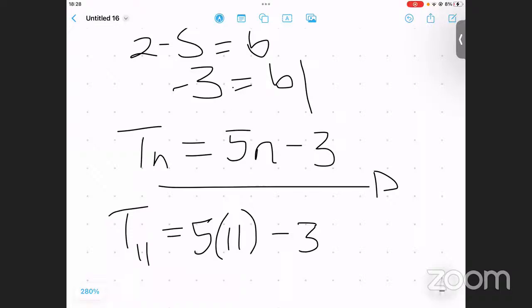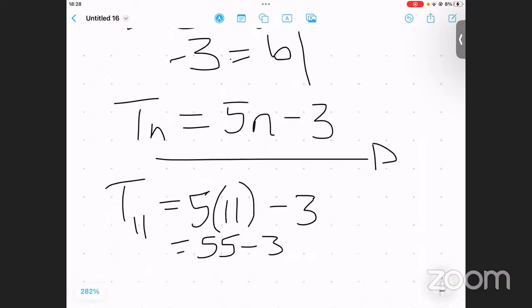Mm-hmm. Then ma'am, it will give us 5 times 11 equals 55, minus 3 will give us 52. So the 11th term will be 52. Yes, perfect.